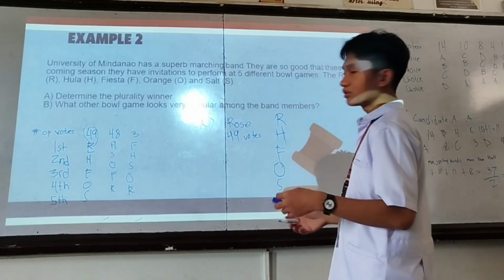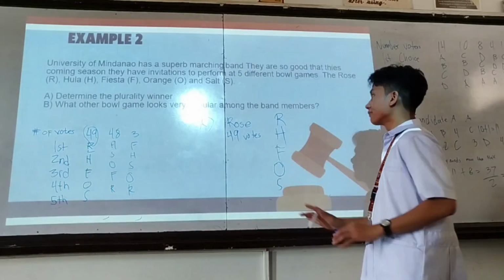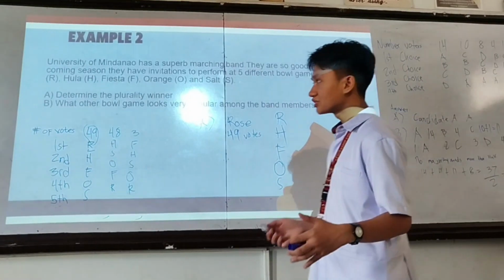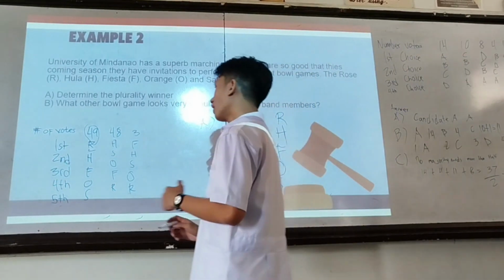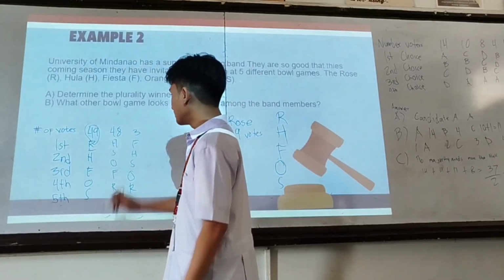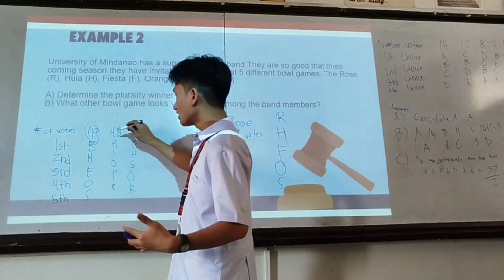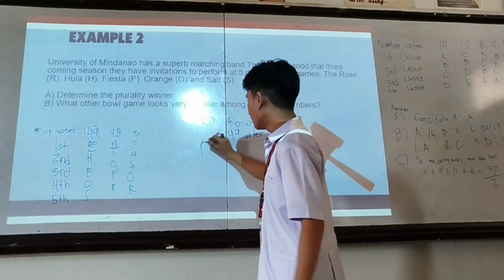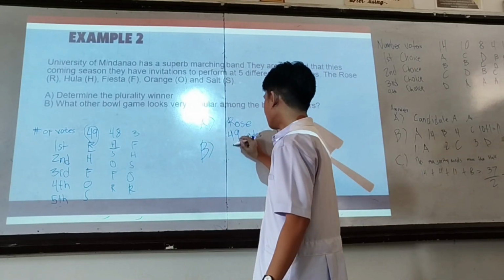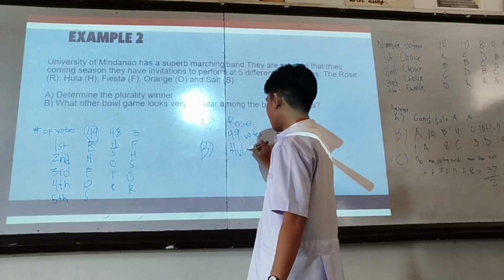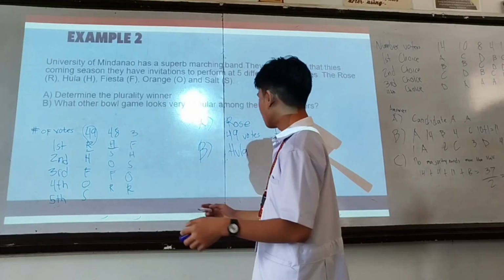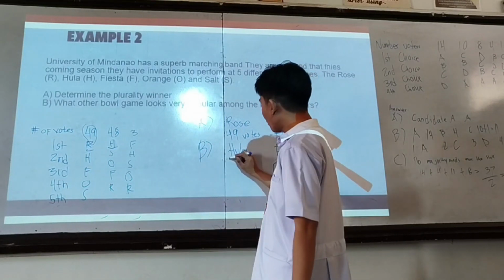Now, what other bowl game was very popular among the band parents? Based on the first choice result, the one that got second place with 48 voters is the Hula. To answer it, the answer would be Hula, since this bowl game received the first choice with 48 voters.